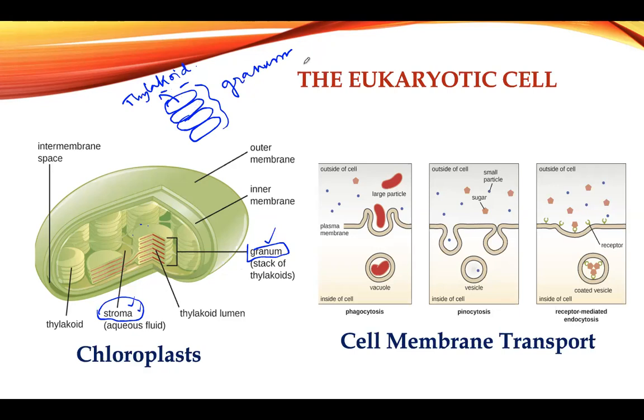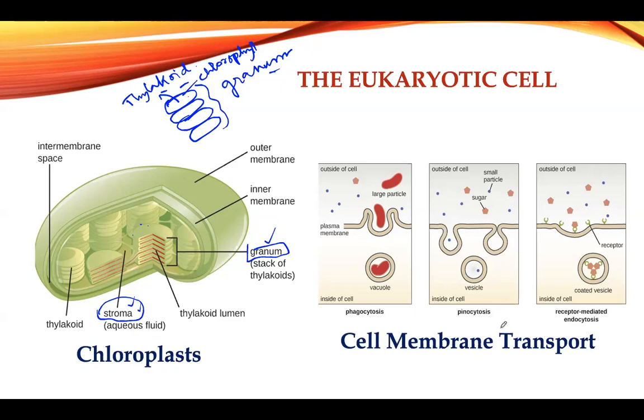So both this granum and stroma together make the inside of the chloroplast, and inside this thylakoid membrane we can find the chlorophyll. Okay, and the plant uses that chlorophyll to absorb sunlight.